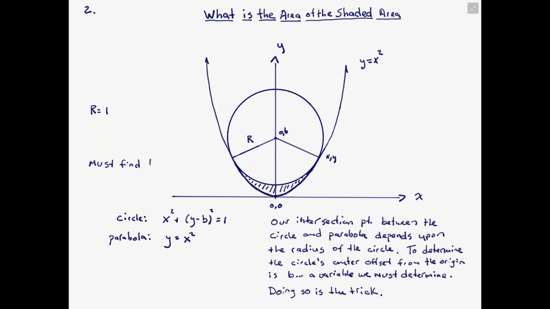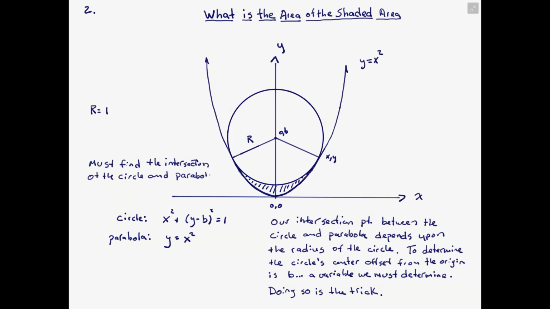And that means that the circle that sits inside the parabola has a center in the y direction at location b. So our origin of the circle is 0, b with respect to the origin of the problem that we set up. And so we have the equation of the circle, which is x squared plus (y minus b) squared equals 1. And we have the parabola, which is y equals x squared.